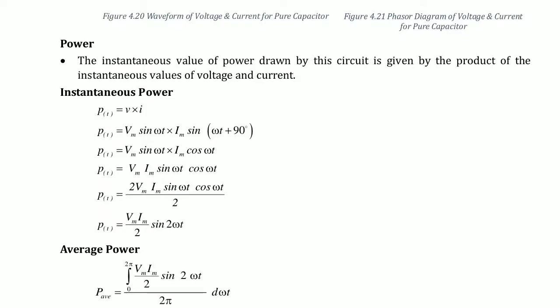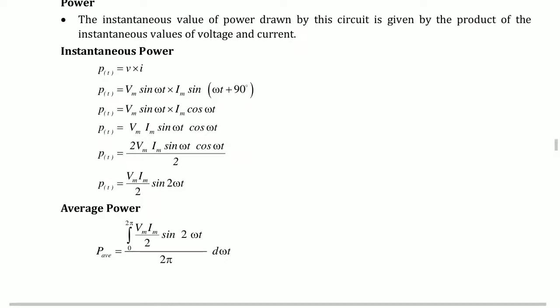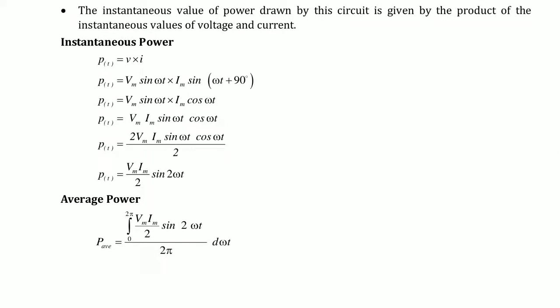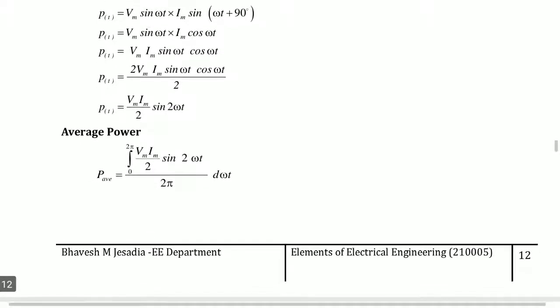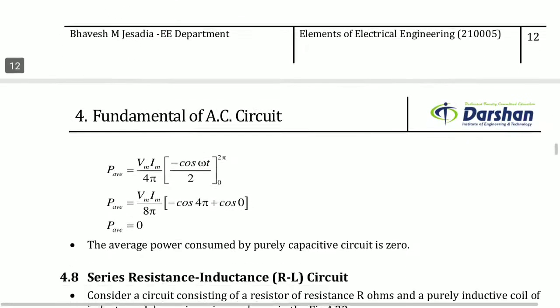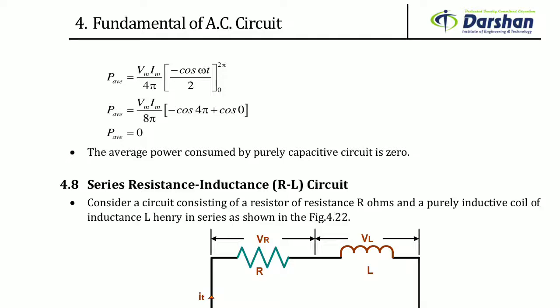Now calculate the average power. P average is the integration from 0 to 2 pi of Vm Im by 2 sin 2 omega t, divided by 2 pi, with respect to omega t. So Vm Im by 4 pi, and the integration of sine is minus cos 2 omega t by 2, from 0 to 2 pi.